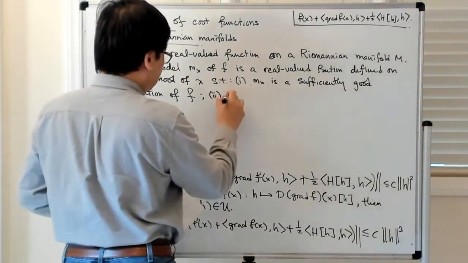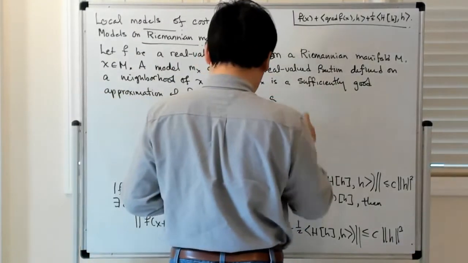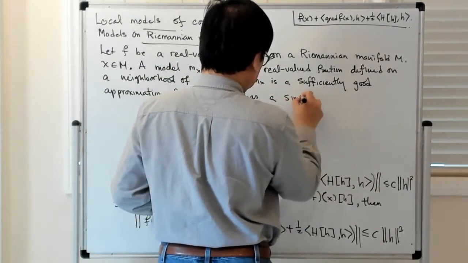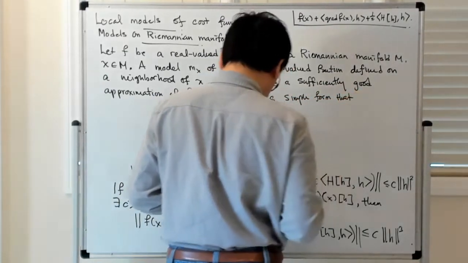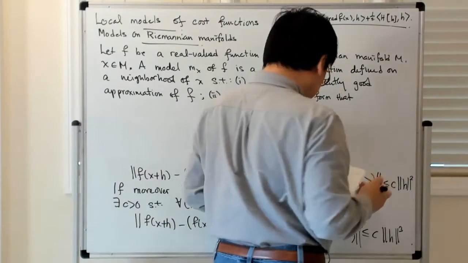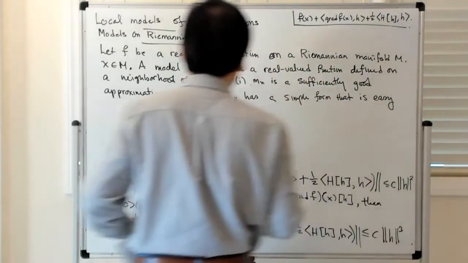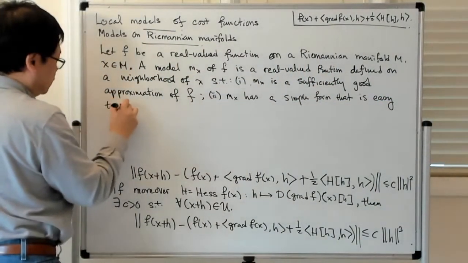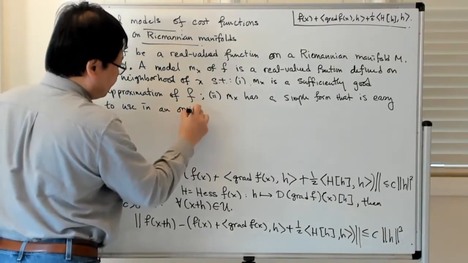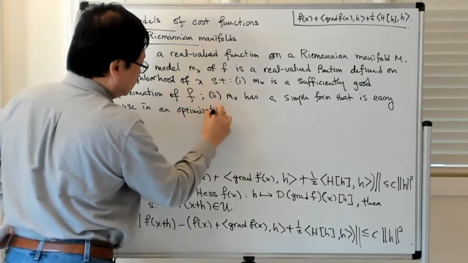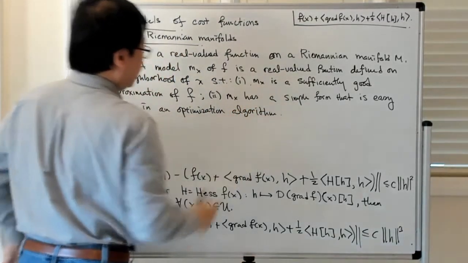So m_x has a simple form that is easy to address, easy to use in an optimization algorithm.